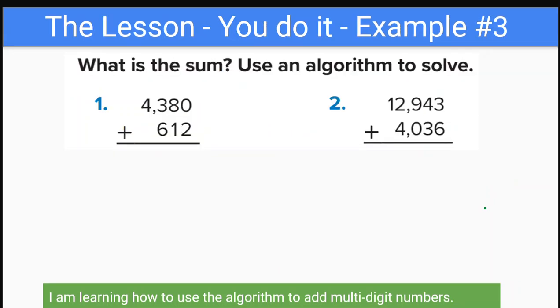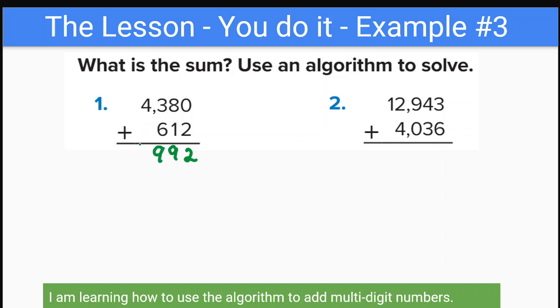Okay, well, here's the third one right here, and this time they don't give you the place value chart. You just have to make sure that you keep the numbers lined up yourself, okay? Just like in the last one, we're going to start with the ones. So 0 and 2 is 2. 8 plus 1 is 9. 3 plus 6 is 9.